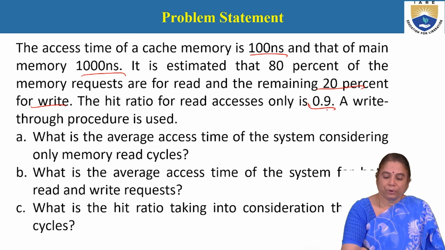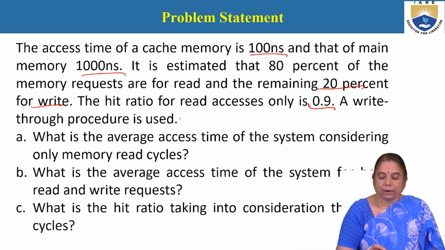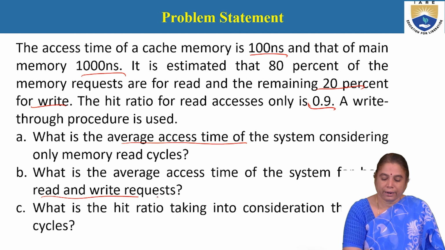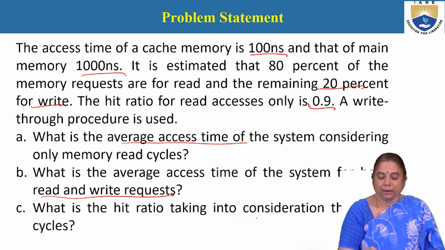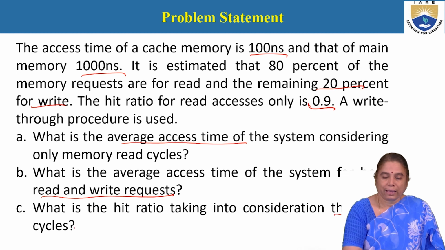A write-through procedure is used. What is the average access time of the system considering only memory read cycles? What is the average access time of the system for both read and write requests? What is the hit ratio taking into consideration the write cycles?